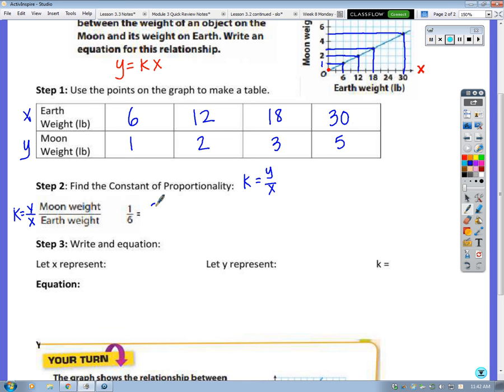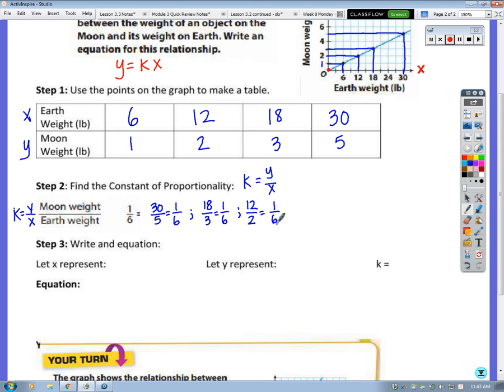And this is a little bit redundant because we know that we can look at that graph, and if it makes a straight line and it goes to the origin, it is a proportional relationship. But we're not always going to have a graph, and we're not always going to have numbers that we can easily reduce to see if we have a constant relationship. So this is practice for those skills for when we don't have nice, simple, equivalent ratios.